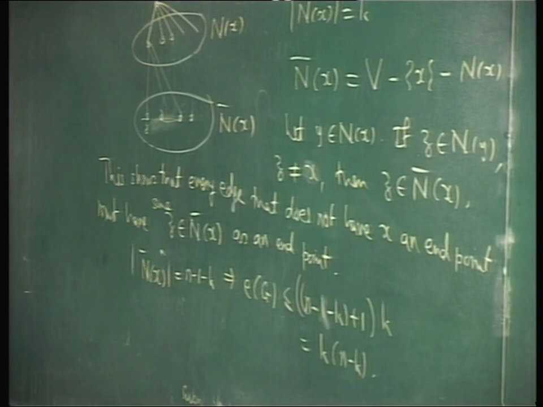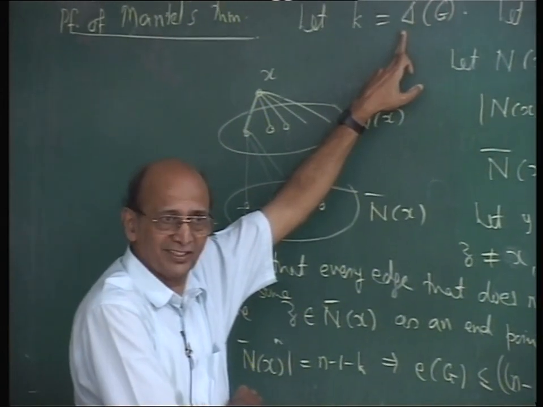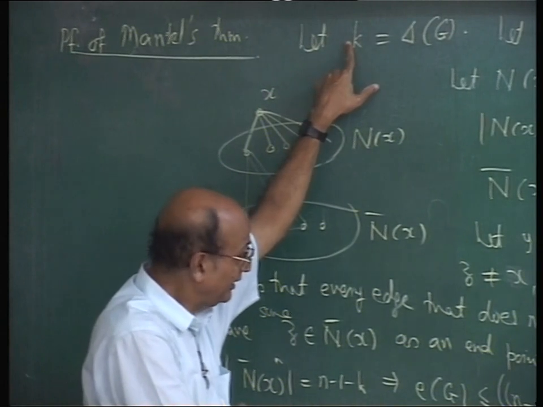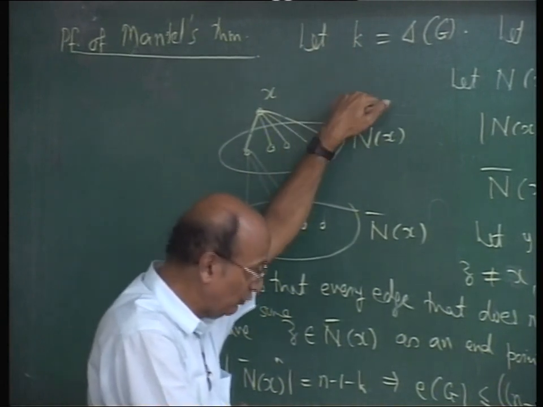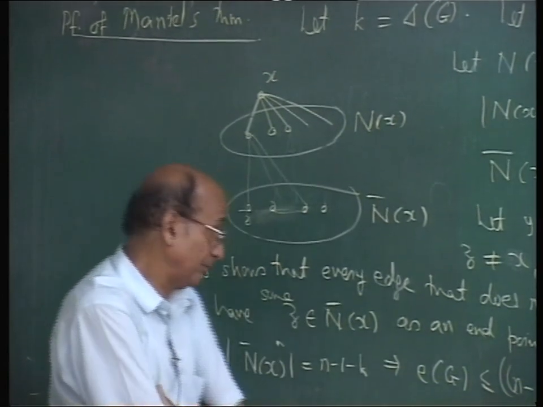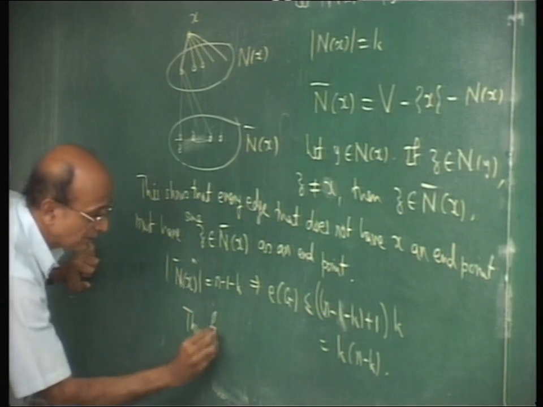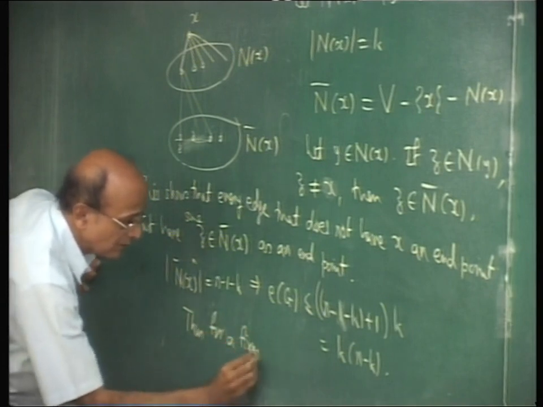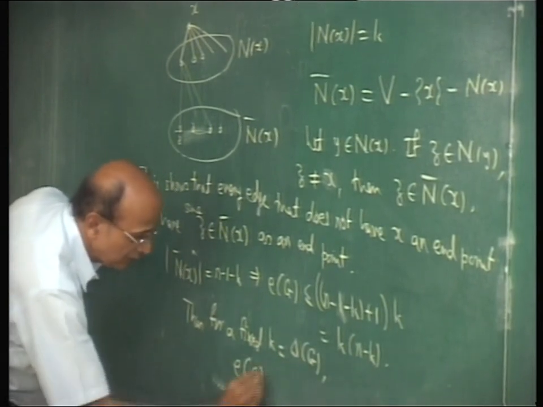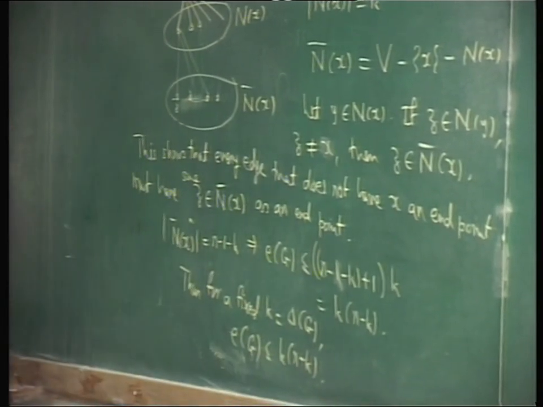Therefore, if you have k fixed, among all graphs that have the largest degree equal to k and that are also triangle free, the maximum number of edges is no bigger than k into n minus k. Thus, for a fixed k, E of G is bounded by k into n minus k.